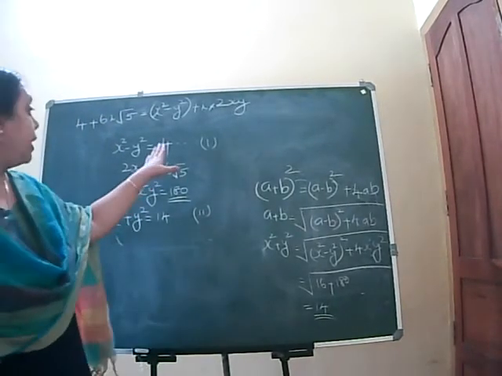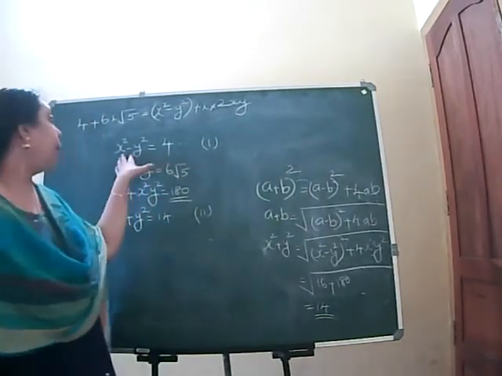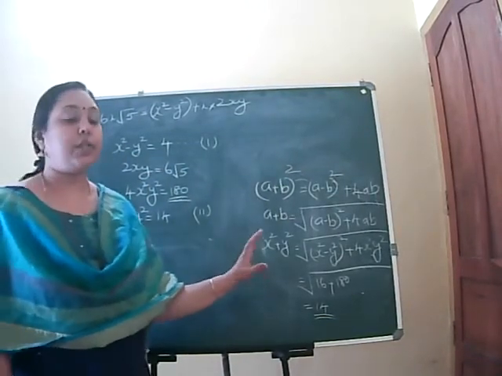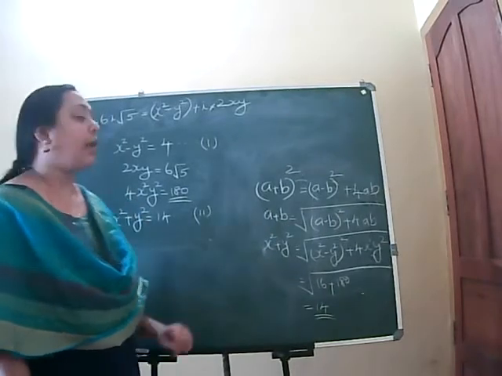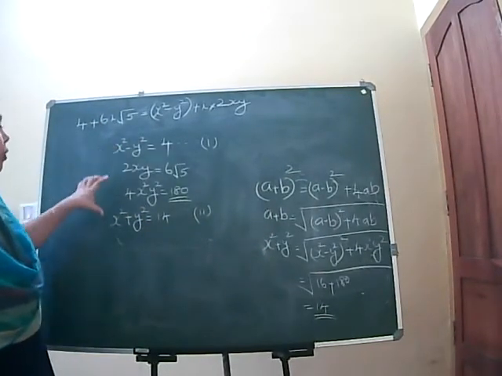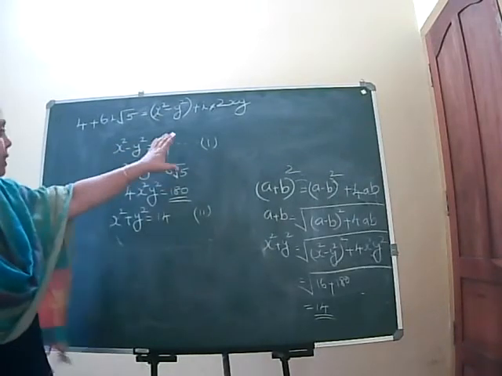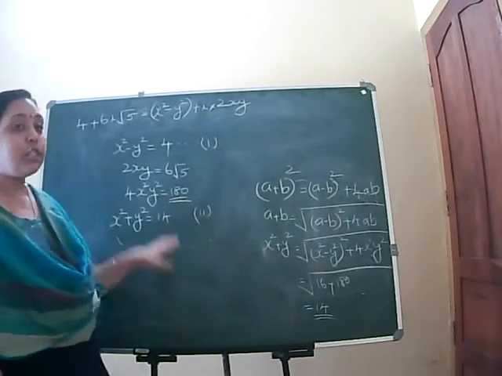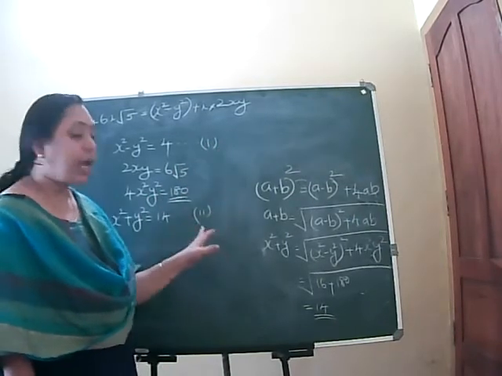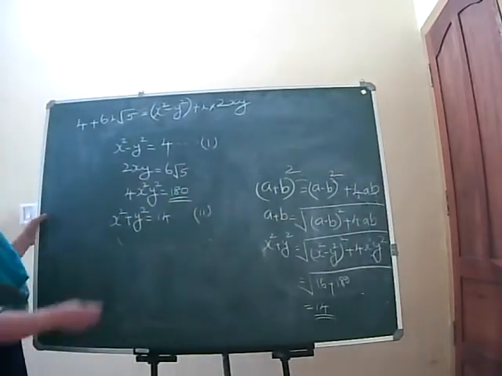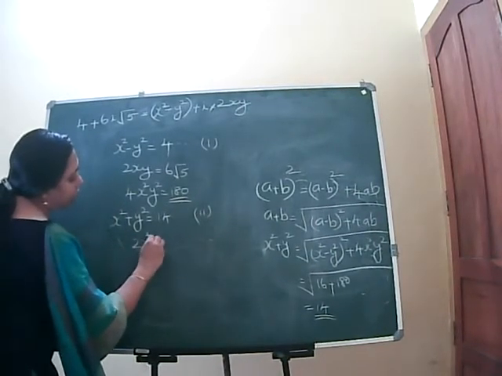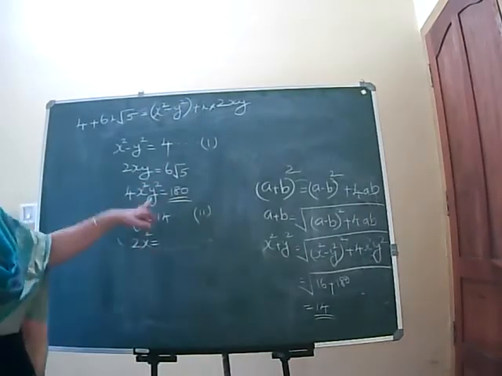Then using these two equations, that is x square minus y square and x square plus y square, we find out the values of x and y. Now, just taking the sum of these two equations, that is adding equation number 1 and 2, we get 2x square is equal to 18.